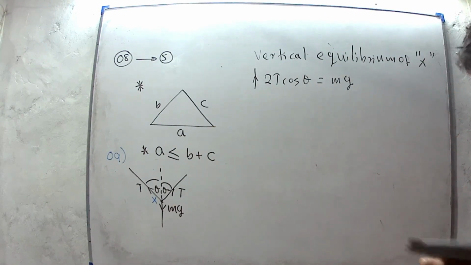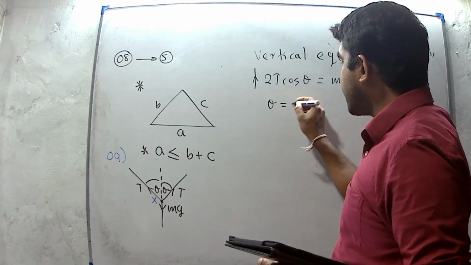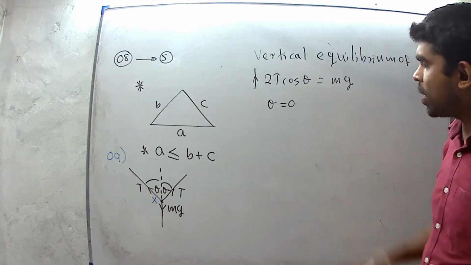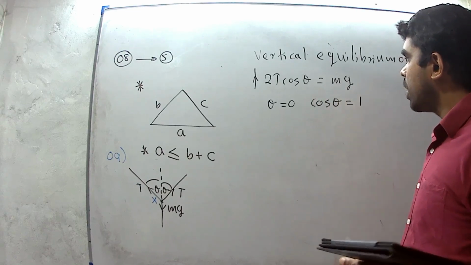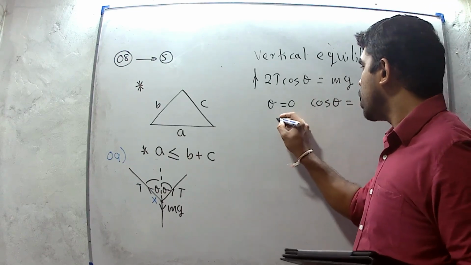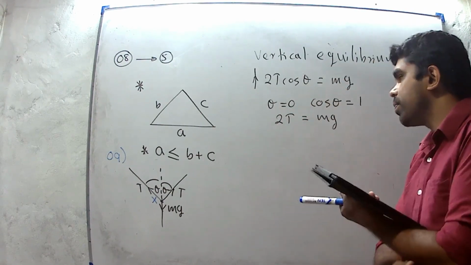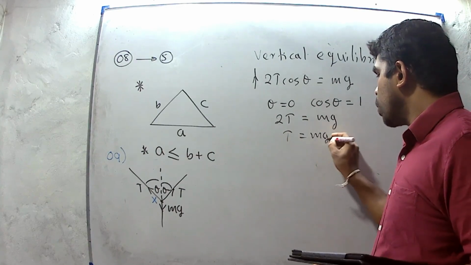For the initial situation, we can consider that theta equals 0. If theta value is 0, we know that cos theta is 1. Therefore, we can get 2T equals mg. Then T equals mg divided by 2.